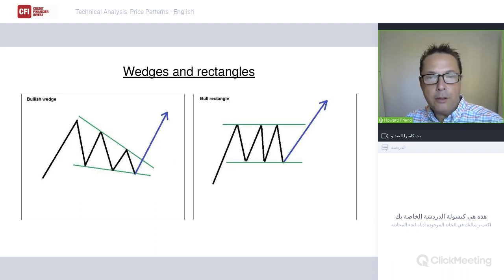Okay, so just to show you what they look like, these are bullish examples of the wedge and the rectangle. So the wedge pattern: the market swings to the upside, then you get this, it looks like the start of a new downtrend. So the market is making lower highs and lower lows, but notice how the supply and demand lines are converging.